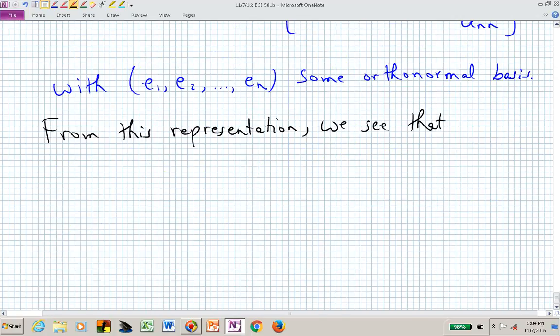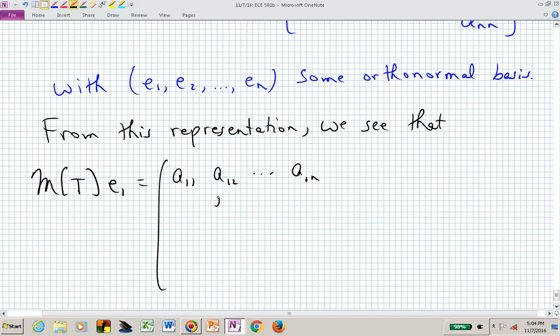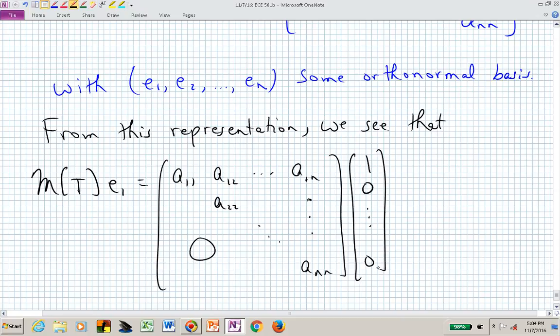Now from this representation, we can conclude something if we look at this matrix representation of our operator T applied to E1. That's the upper triangular matrix with A11, A12, through A1n, A22, 0 below the diagonal, and A sub nn, times E1. If we look at a special kind of E1 in an orthonormal basis, one such vector would be 1 in the first coordinate and 0 everywhere else.